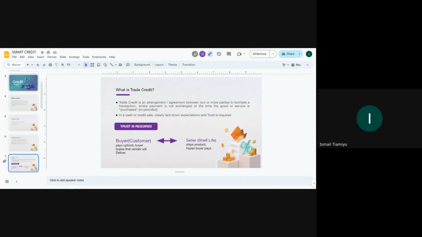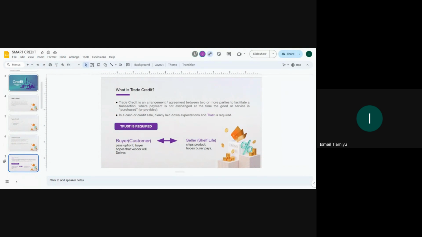Trade credit. Trade credit is an arrangement between two or more parties to facilitate a transaction where payment is not exchanged at the time the good or service is purchased. That is, it's a contract, because it's always a contract.